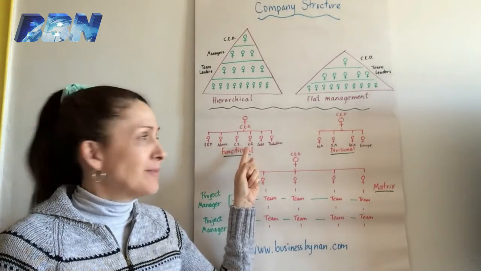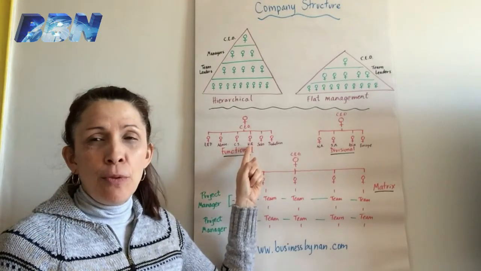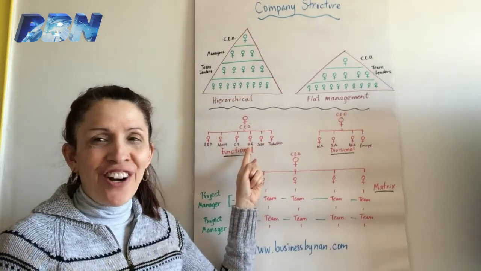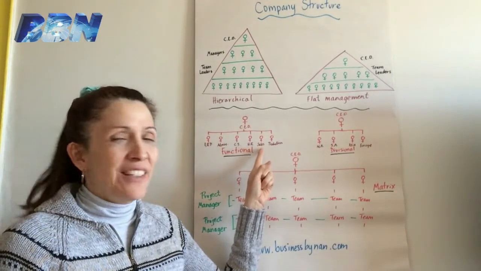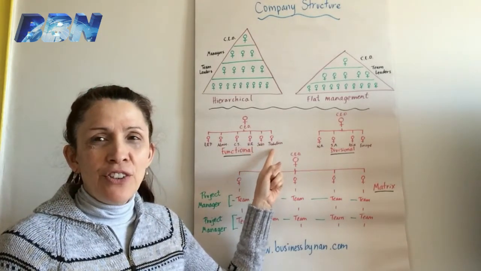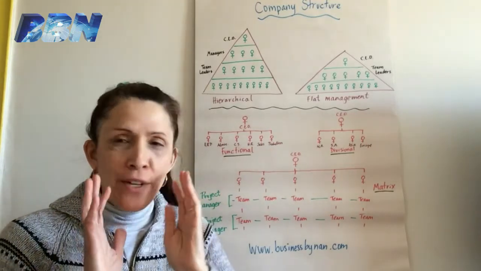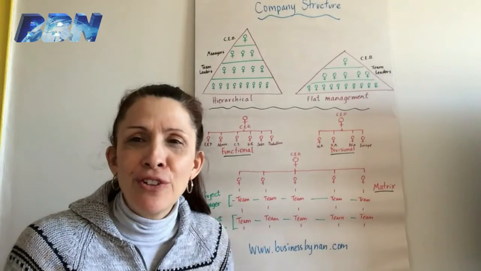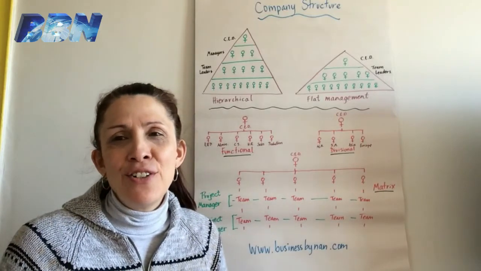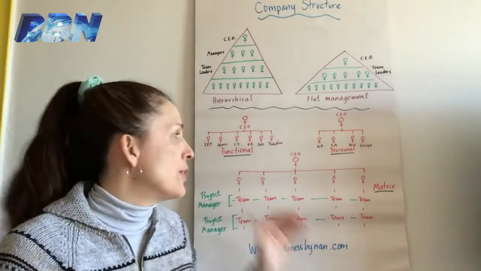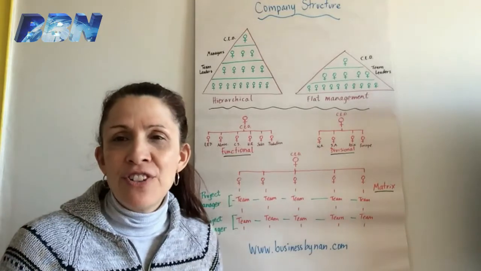Customer service. Human resources, or as we say, HR. Sales, production, and of course there's more, but this is separated according to the function or the role of each department leader. And underneath, of course, you would have your staff. Yeah?